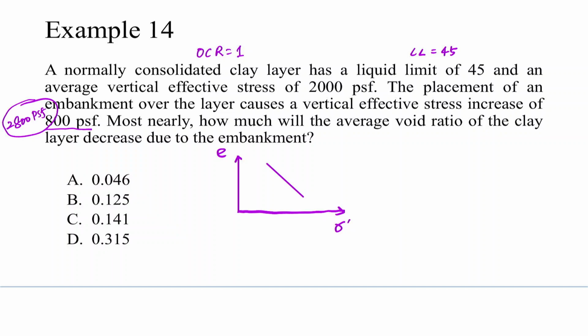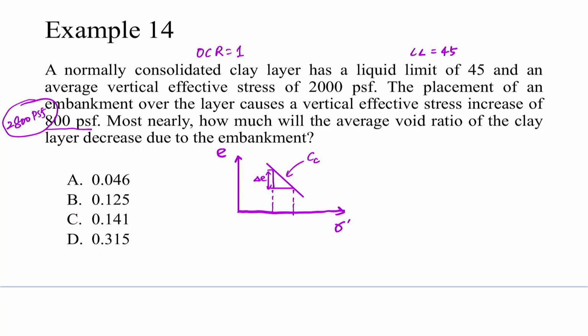I know that's a mouthful, but as long as you see the soil is normally consolidated, the plot of e versus sigma prime is going to be a straight line, and the slope of the straight line is basically C sub C. However much your horizontal change is, times C sub C, you will get the change of the void ratio, which is delta e.